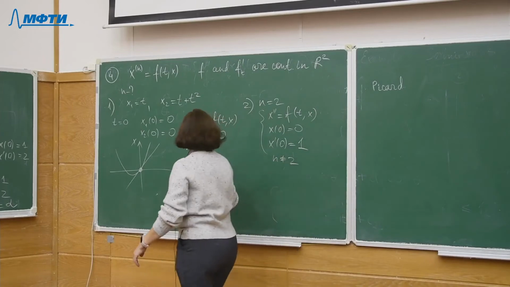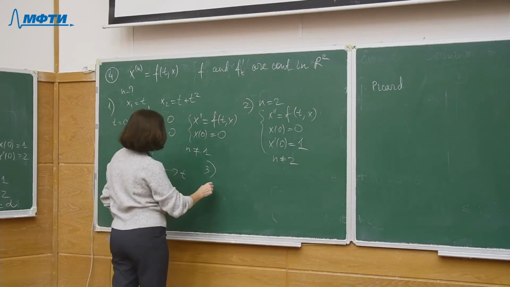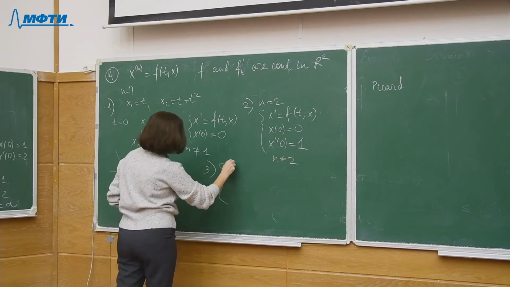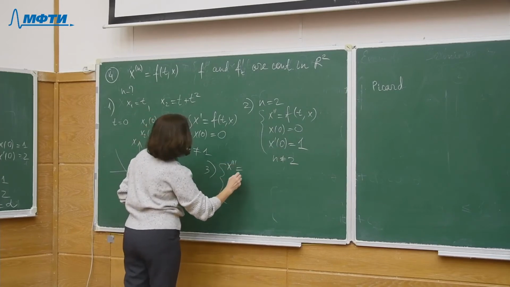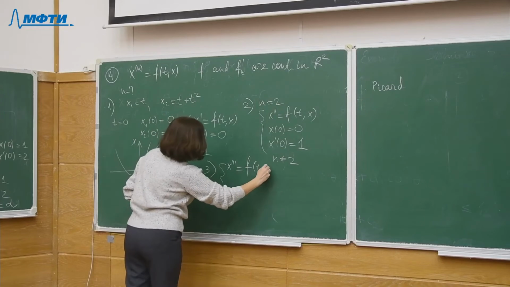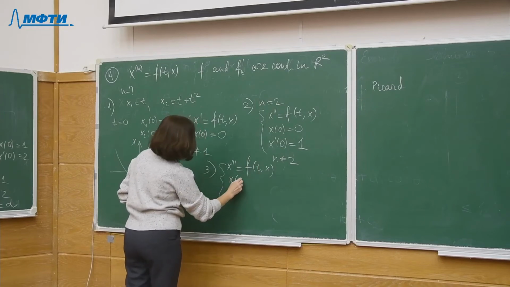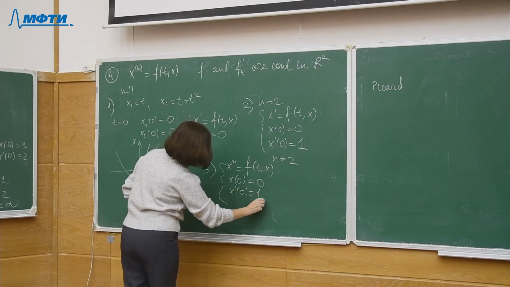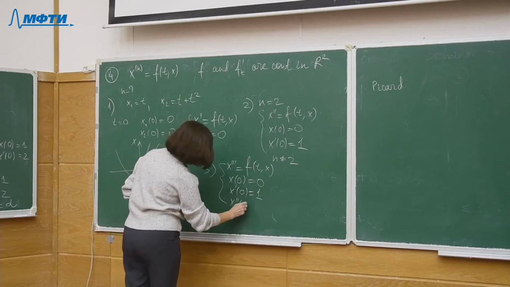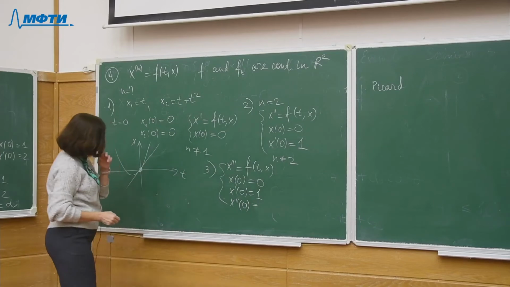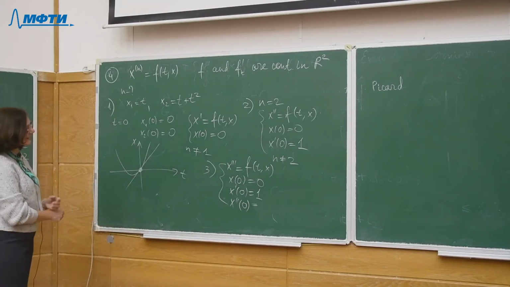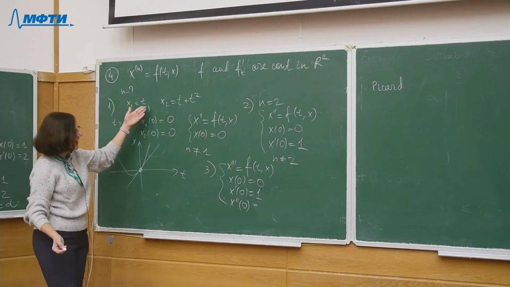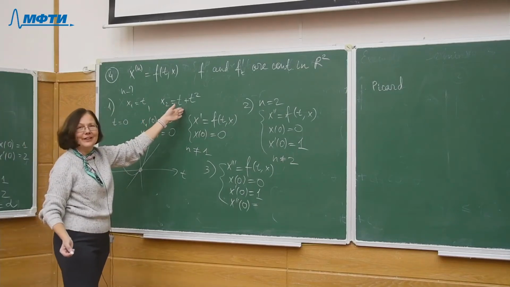Then step number 3. Let's consider x triple prime equals f of t, x. x of 0 equals 0, x prime of 0 equals 1. What about x double prime of 0? Zero and 2, right?